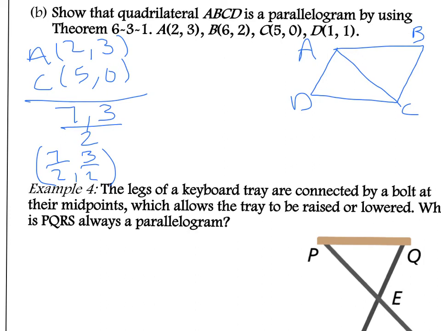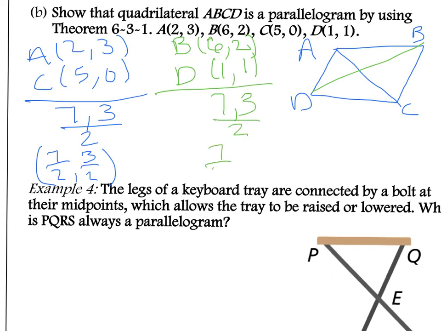Now I want to go and do the same thing for B and D. So here we're at (6, 2), (1, 1), (7, 3). Looks familiar. Both of these diagonals have the same midpoint, which means that they would be bisecting each other. So this would have to be a parallelogram.